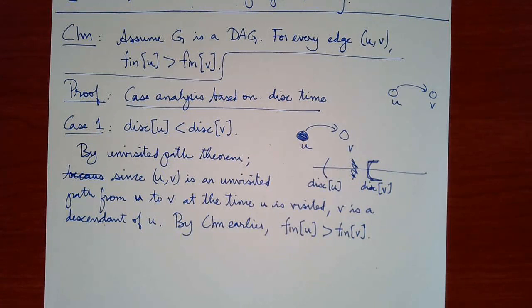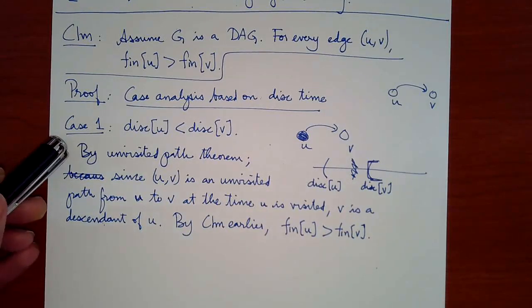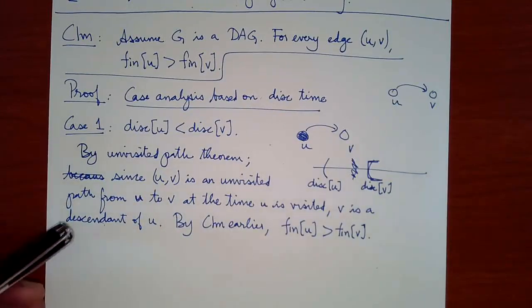I get it, but it just feels like we're using the unvisited path theorem to restate what the unvisited path theorem says, which is about the finish time. I get this is true, but it seems like we're restating the theorem, and not proving the theorem.